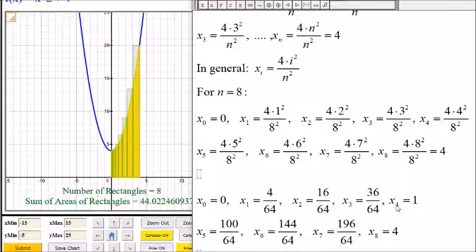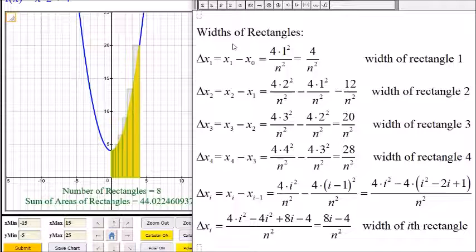And so on. And then x of 4 will be 1, x of 5 will be 100 over 64, and then x of 6 is 144 over 64, x of 7 is 196 over 64, and x of 8 would be just 4.